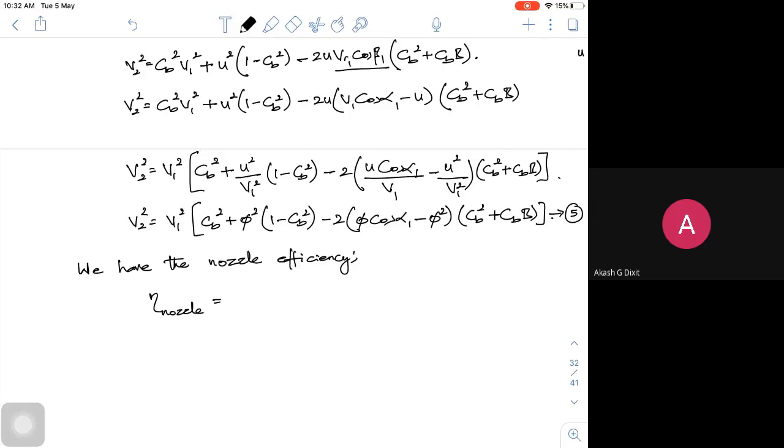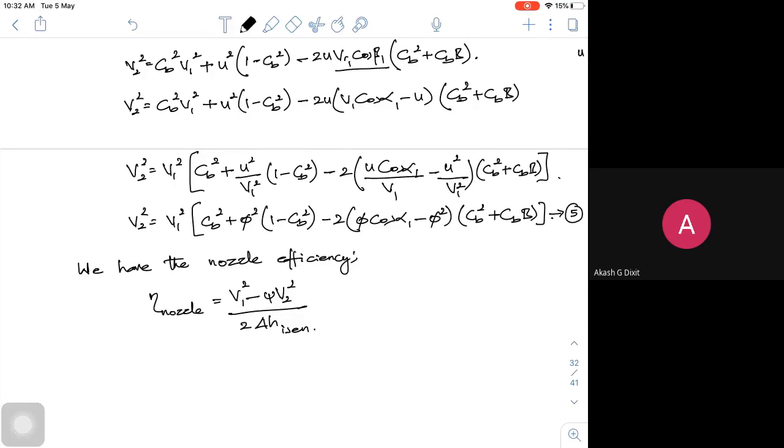That is, I can write it as the velocity with which the fluid is going out. If I call that V1 square, and the velocity with which the fluid is coming in, I can call it psi into V2 square. That's it. Then 2 times your delta isentropic. So this is your generalized expression for your nozzle efficiency.